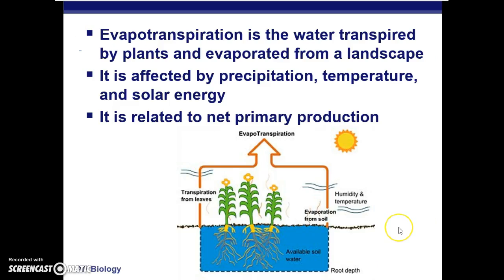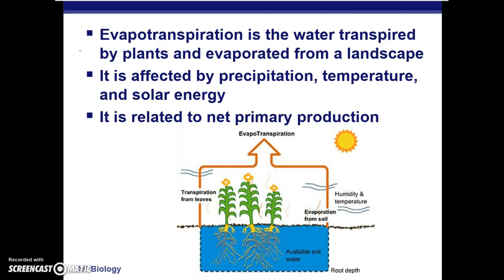A term I wanted to define and make sure you focus on is evapotranspiration, and that's the water transpired by plants combined with that water that's evaporated just from the landscape. So this is going to be controlled by precipitation, the temperature in the area, and solar energy, and it's also related to net primary production.